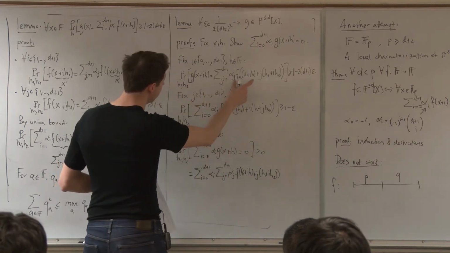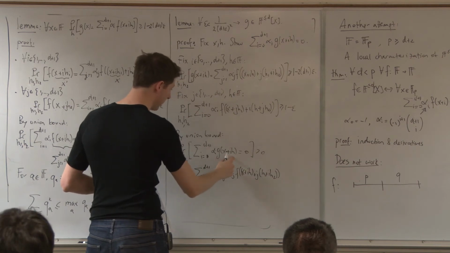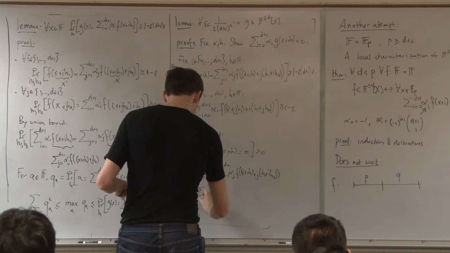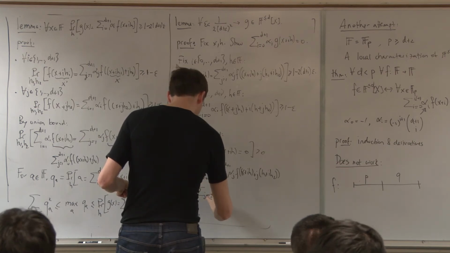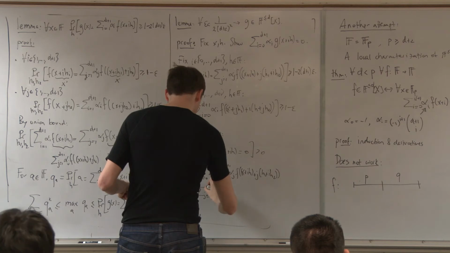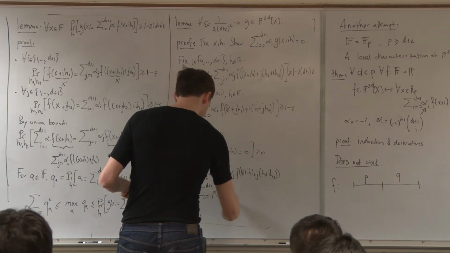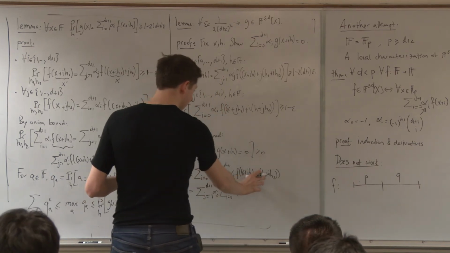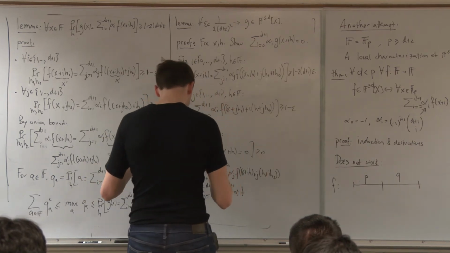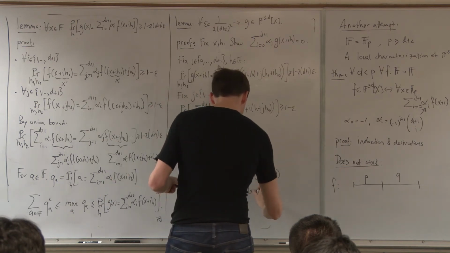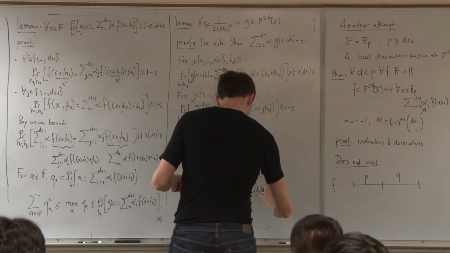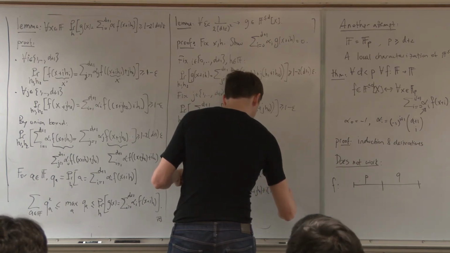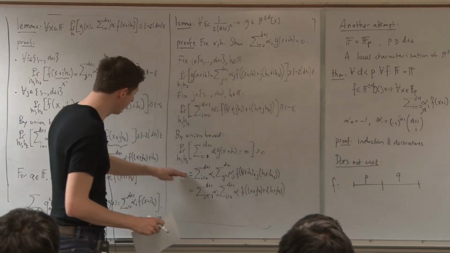So I just rewrote this one here for each of these guys. And now I just switch the two summations. I also want to reorder the way that I write this. I can write it as f of x plus j h1 plus i times h plus j h2. So from here to here, nothing happened.